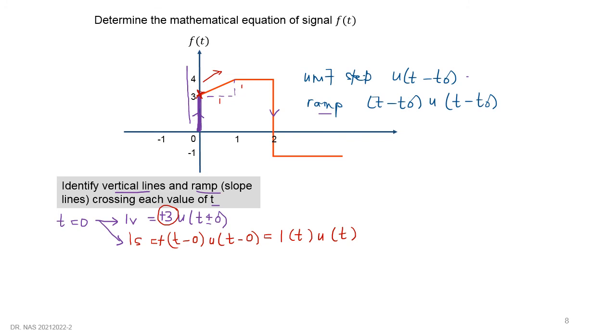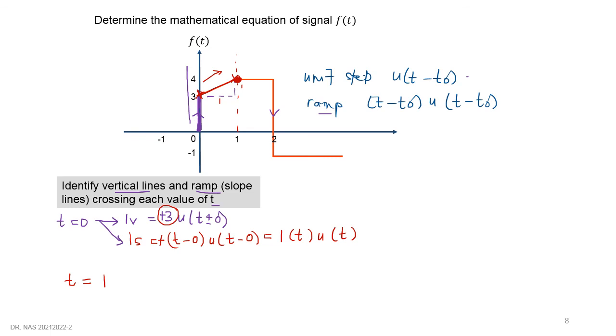Okay, moving to the next t, t equal to 1. How many lines are connected to t equal to 1? Vertical lines or slopes only; horizontal lines you don't have to consider. So in this case only 1: you have only a slope connected to t equal to 1.